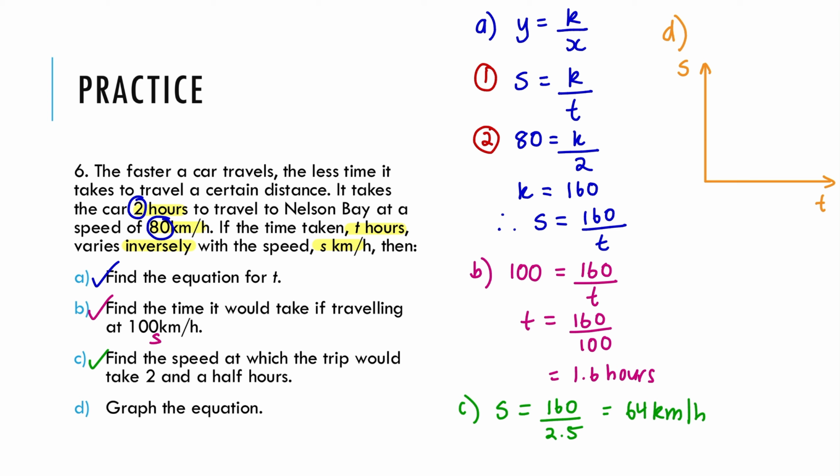Notice that I've got 2 points of call. 1.6 hours gives me about 100 kilometers per hour, and when I'm at 2.5 hours, I get about 64 kilometers per hour. Can you see that the shape of my curve is going to go through here? Use coordinates or a table of values to help you graph so that you can get the correct shape. So therefore I've graphed my equation.